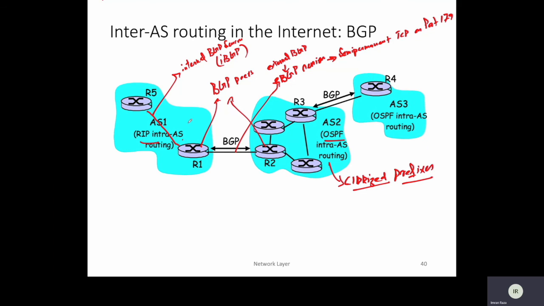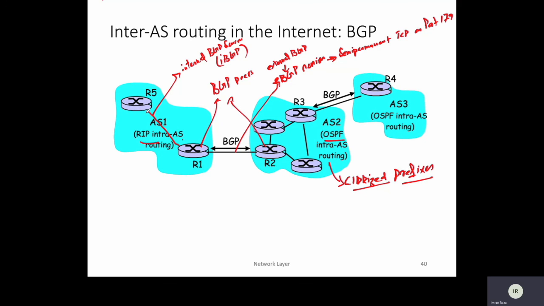This IBGP session is used to communicate the network prefixes that are advertised by R2 to R1 of autonomous system 1. So R1 will use this IBGP or internal border gateway protocol session to disseminate this reachability to other routers such as R5.